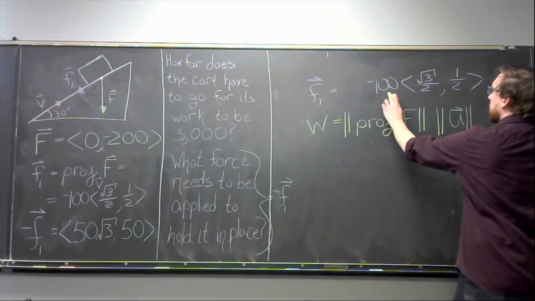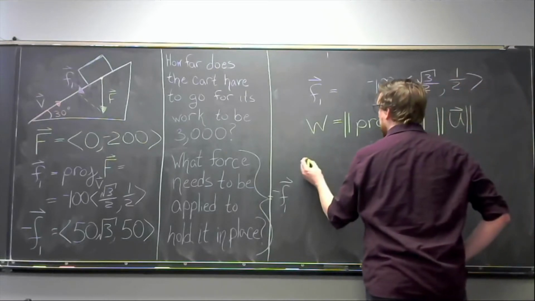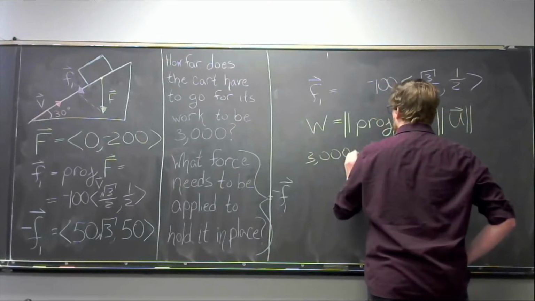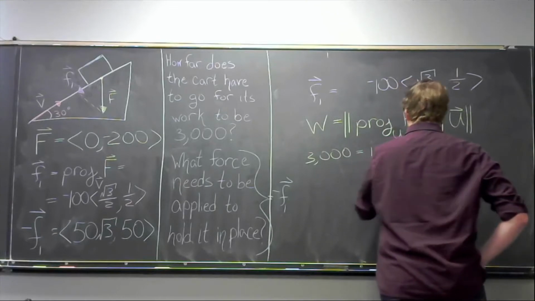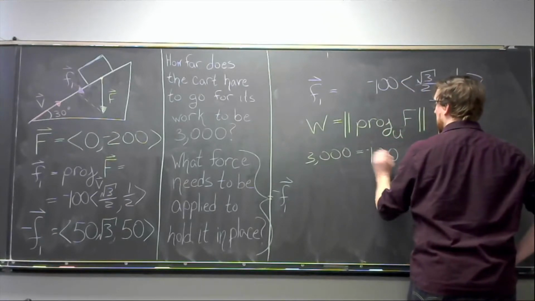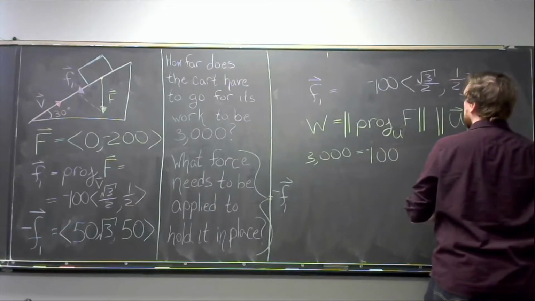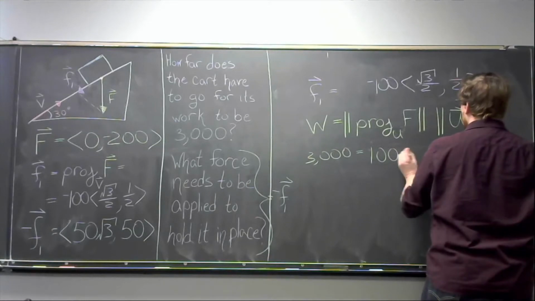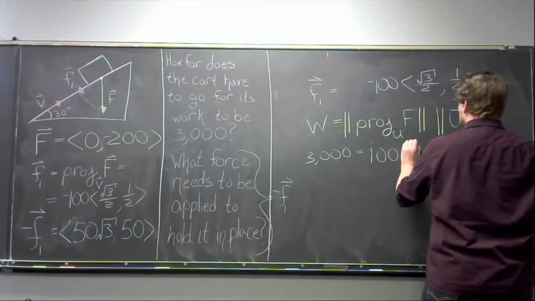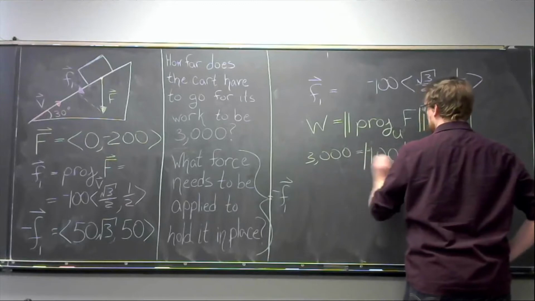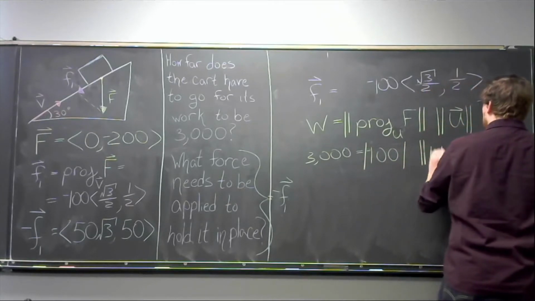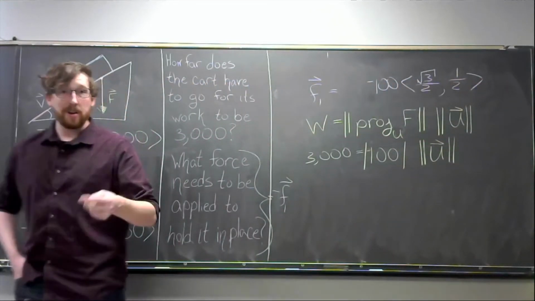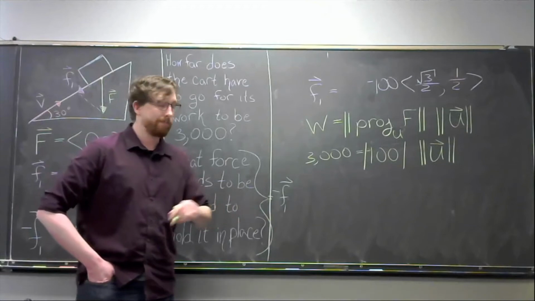That means then what we've got is 3,000 is equal to 100, negative 100, my mistake. No, just 100, times the magnitude of our vector u. All right, the absolute value of negative 100 is just 100.